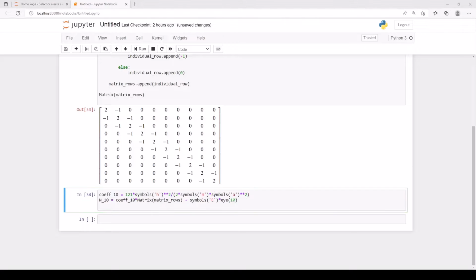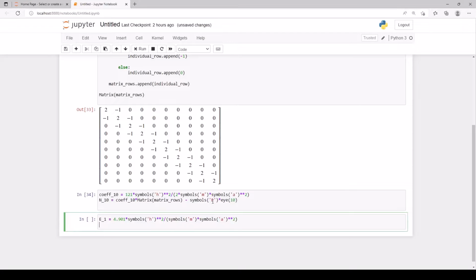The next thing we're going to have to do is define E1. So we have E1 from part C. It was defined as 4.901 h bar squared divided by ma squared. So we solved for this in part C. That was the whole point of all the code we did in part C. Now we're going to define our new n10 as basically just replacing the symbol E with our term E1.